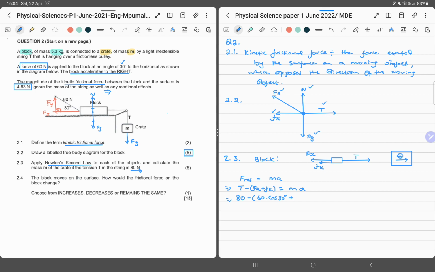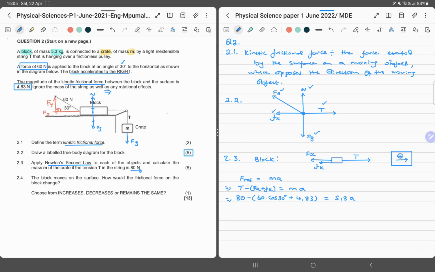Then we add in here, what is the kinetic friction? We were given there that it is 4,83. This is going to be equal to that block's mass, 5,3, into the acceleration, which we don't know, so we just leave it as a.